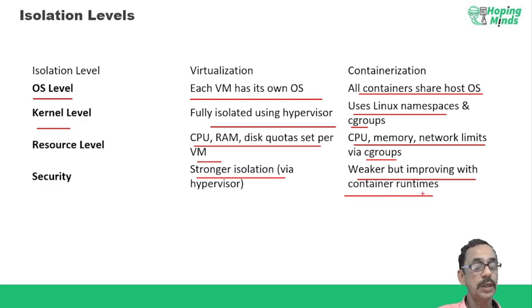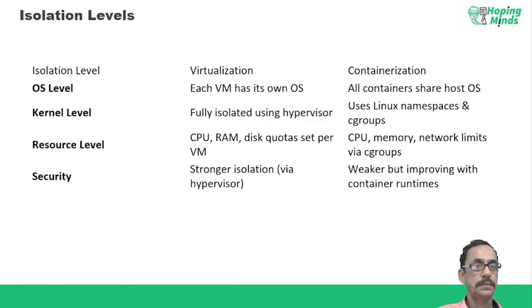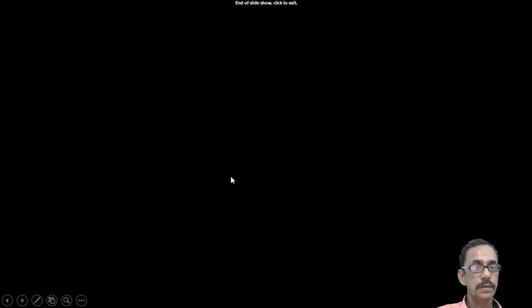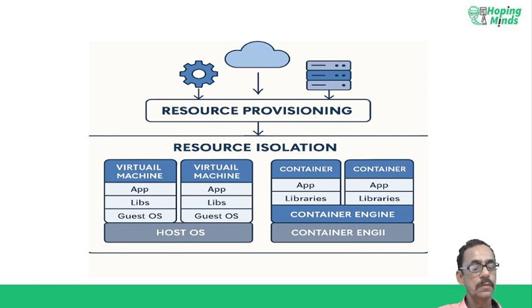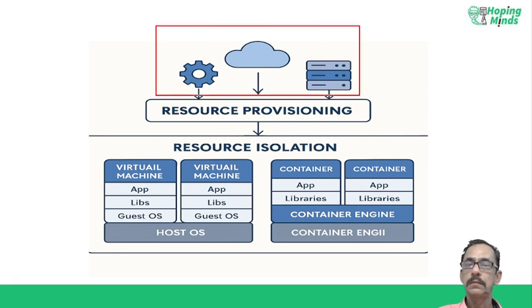This is the isolation level. Hope I have been clear about what we are discussing. First, resource provisioning from the basic hardware, then provisioning it per machine, then isolation, keeping everything separate, whether containers or virtualized machines.